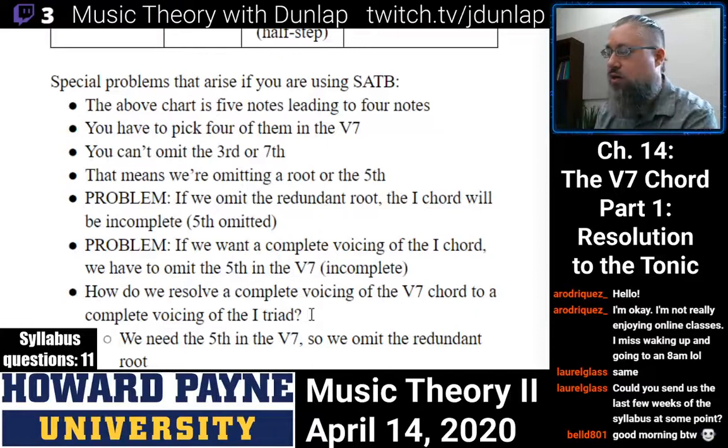So the 5th can resolve down to the tonic. The 7th skips down to the 5th of the tonic.